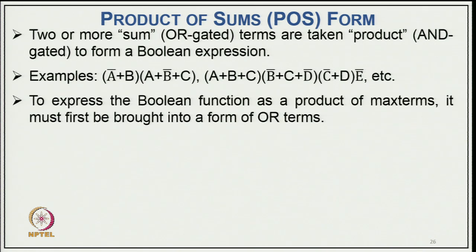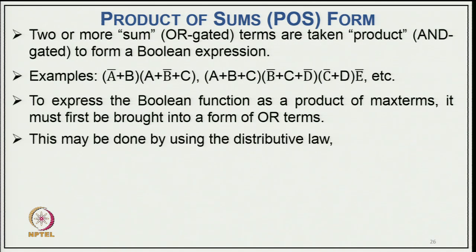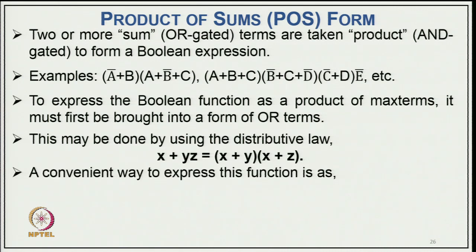To express the Boolean function as a product of maxterms, it must first be brought into the form of OR terms, and this may be done by using the distributive law. A typical example of this is x + yz equal to (x + y)(x + z).